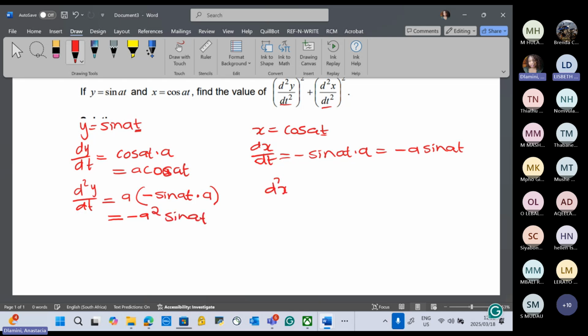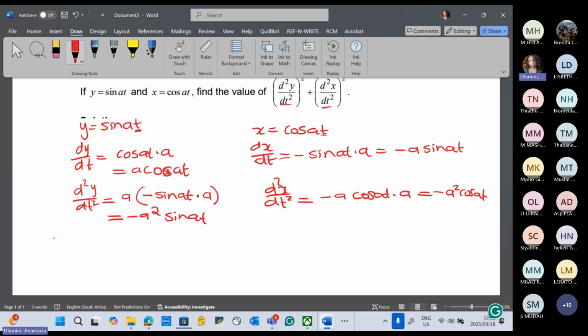Then d squared x over dt squared is minus a cos of at times a, which is equal to minus a squared cos of at. So now they say square them.